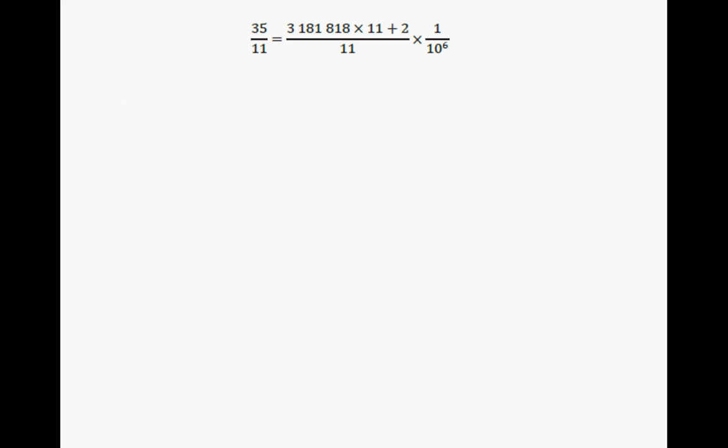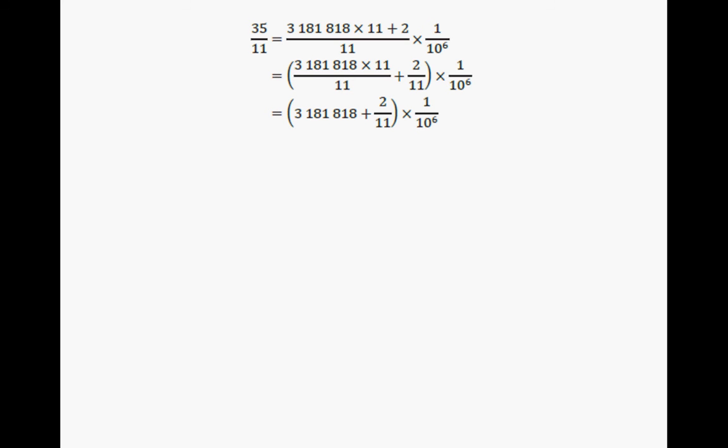So 35/11ths is the same as 3,181,818 times 11 plus 2 over 11, multiplied by 1 over 10 to the 6th power. So using this as an addition problem, we get 3,181,818 times 11 over 11 plus 2/11, and then multiplied by 1 over 10 to the 6th power.